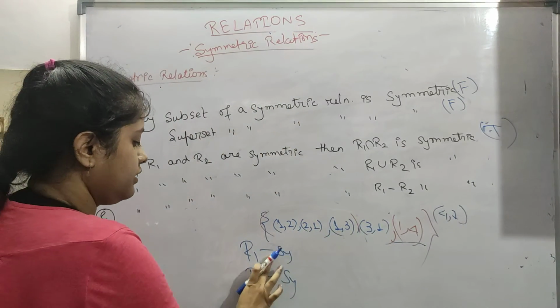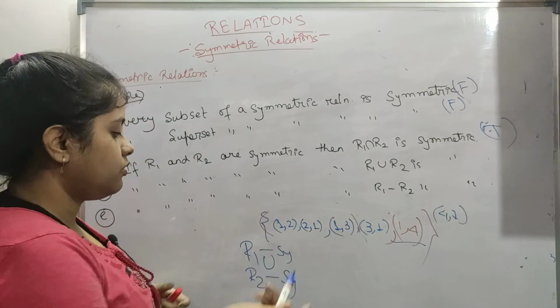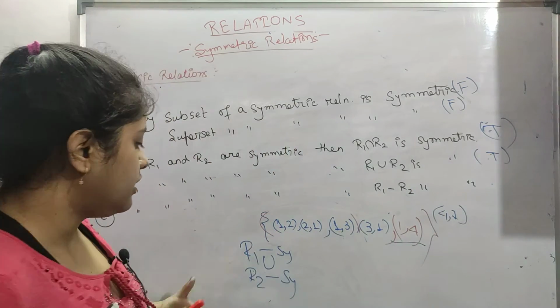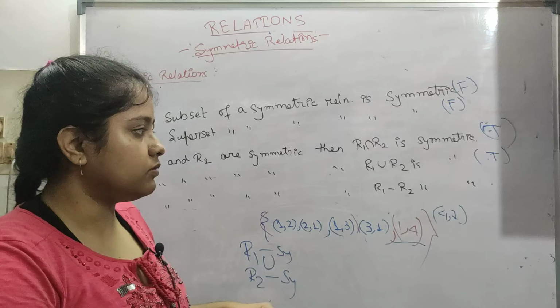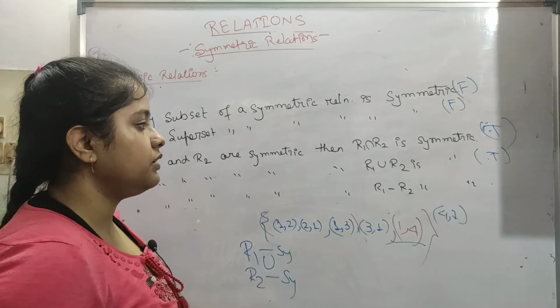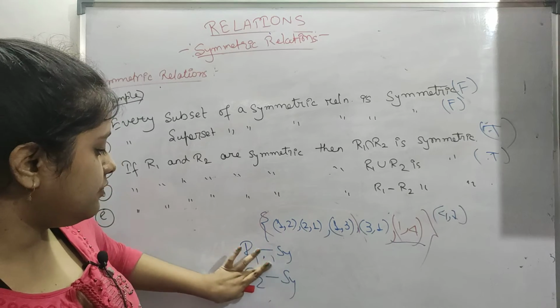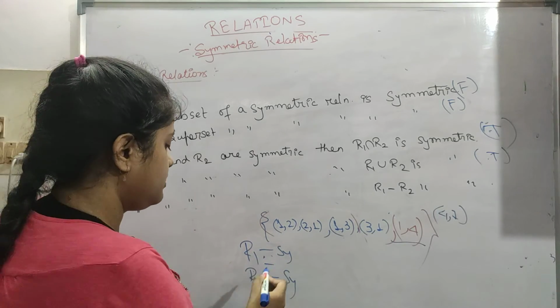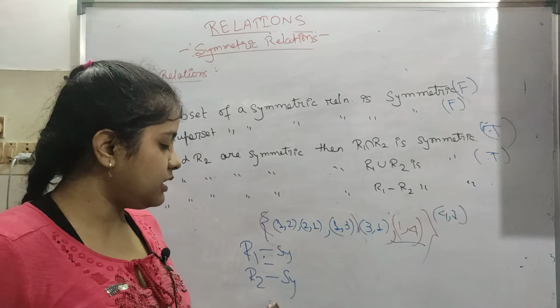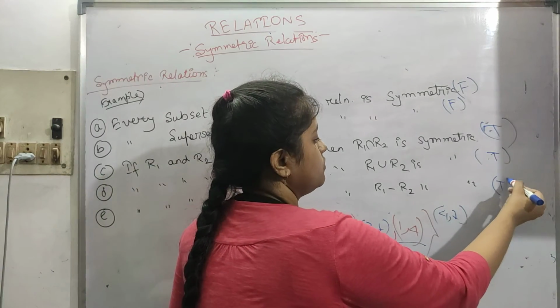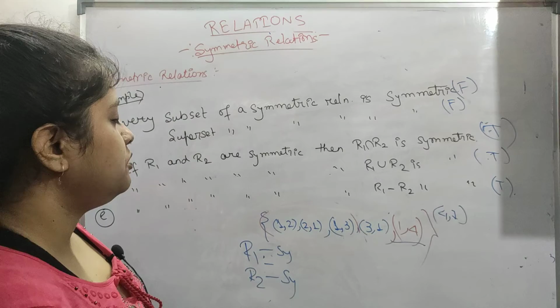Similarly, if we take a union, it will always be true, because we are just taking the union. And next is set difference. Set difference is also true, because from symmetric relations we are taking symmetric ones only. So I hope you have understood this.